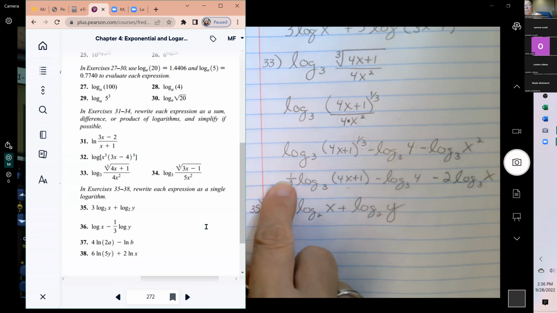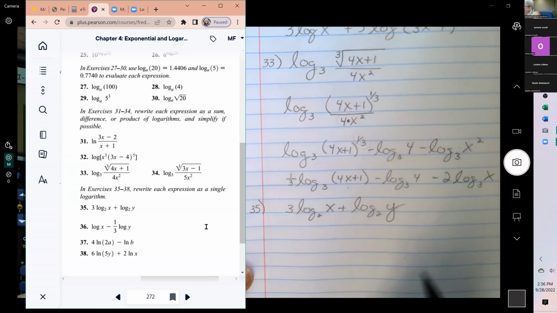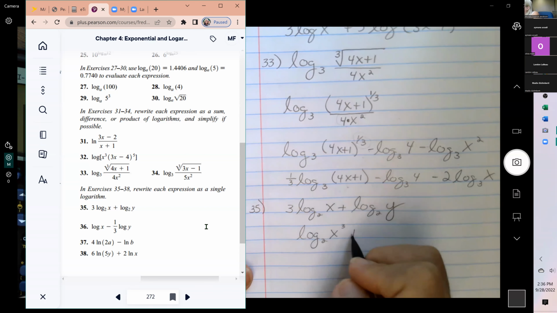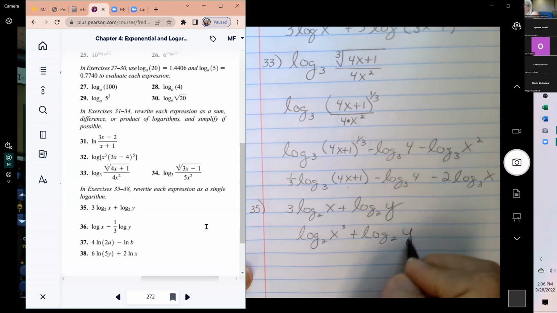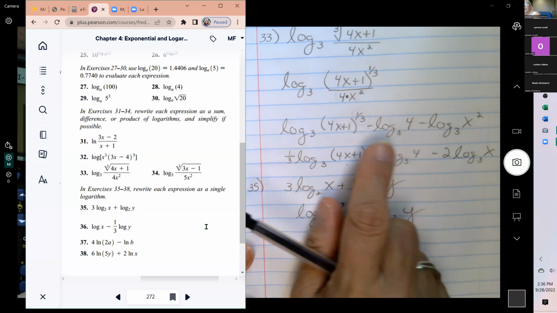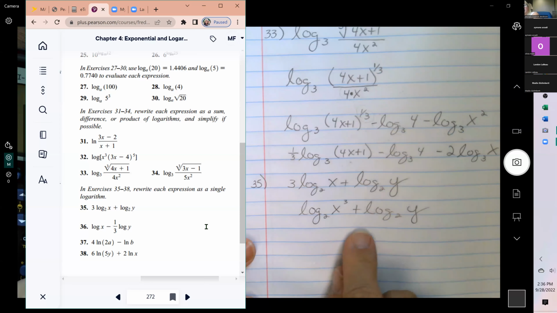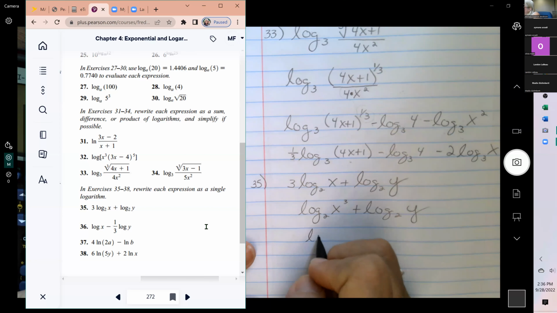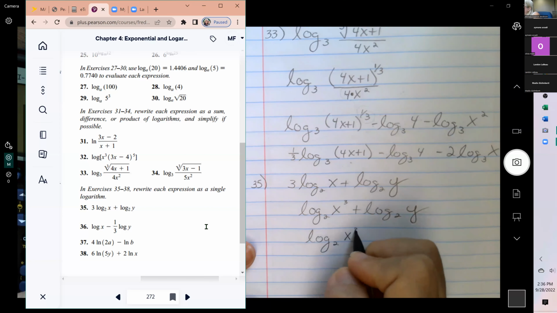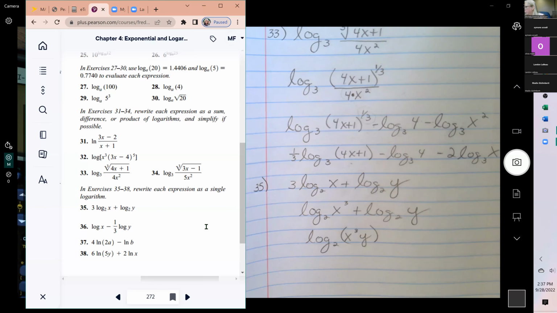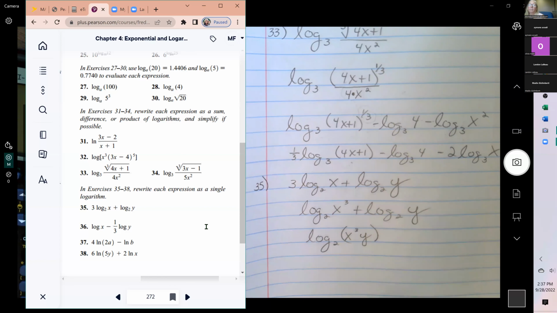We put the number here, we move it back up. Log base 2 of x cubed plus log base 2 of y. Then the addition becomes a multiplication. Log base 2 of x cubed times y. Any questions on that one?